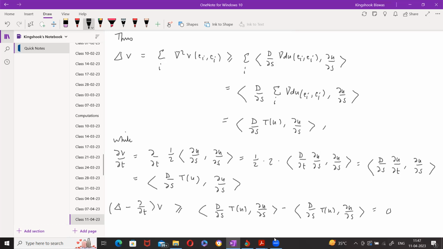Okay, so the heat operator Laplacian minus del t applied to V is greater than or equal to 0.